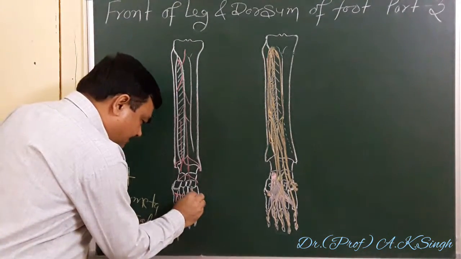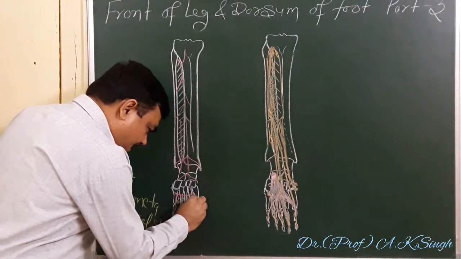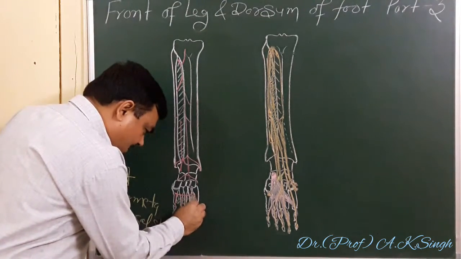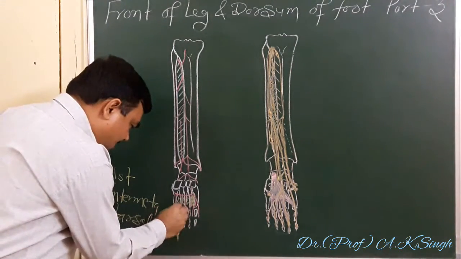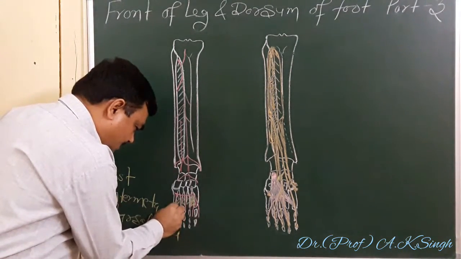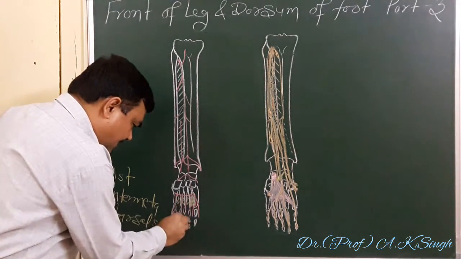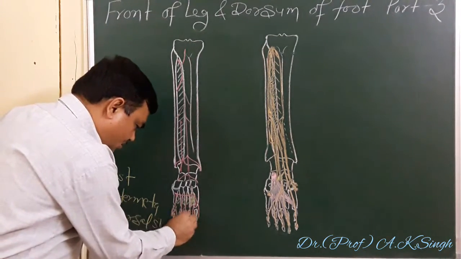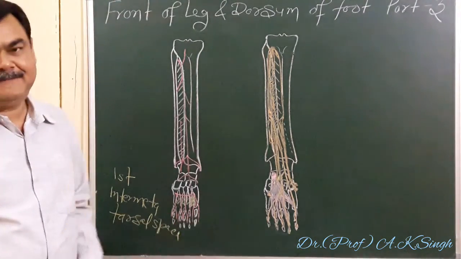So this is first dorsal metatarsal artery, which gives medial branch and lateral branch. These branches are in other metatarsal arteries too. These are dorsal digital branches. These are two dorsal digital branches from each metatarsal artery.